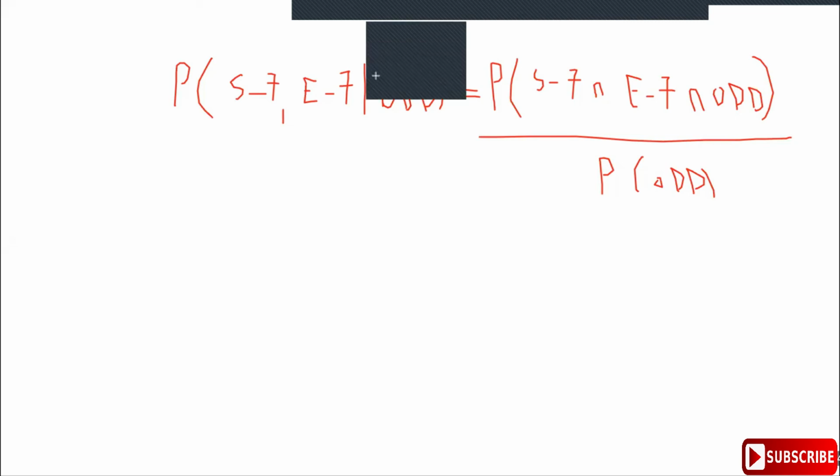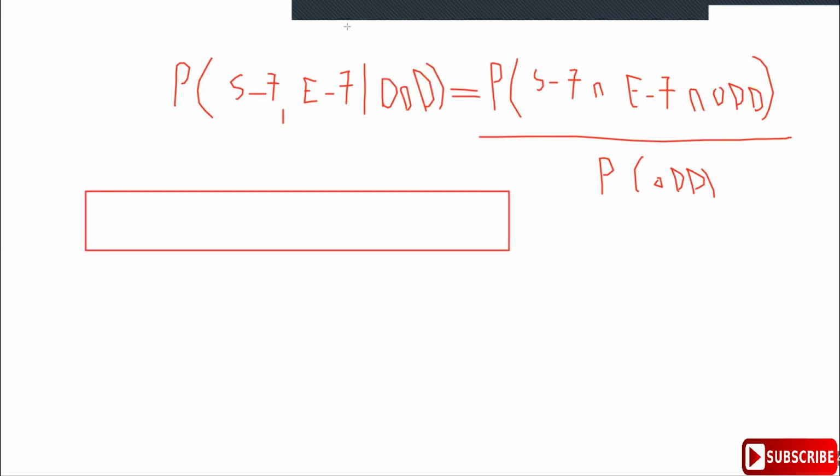So we need it to start with 7. There are 2 ways it can start with 7 because there are 2 7s. It has to end with 7, and there is one way it can do that, and then it is already odd.